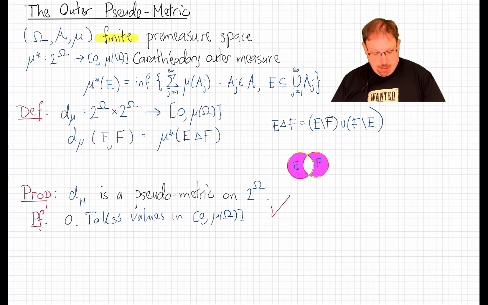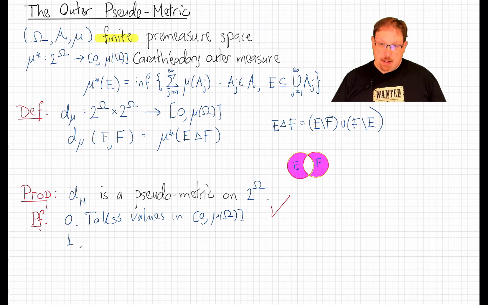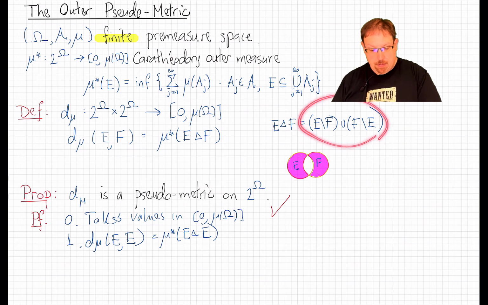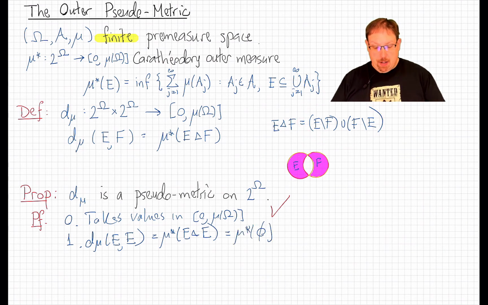Now, we need to check that the distance from any set to itself is 0. Well, that's mu star of the symmetric difference of E with itself. But of course, the symmetric difference of a set with itself is the empty set. So that's mu star of the empty set, which by definition of outer measure is 0.